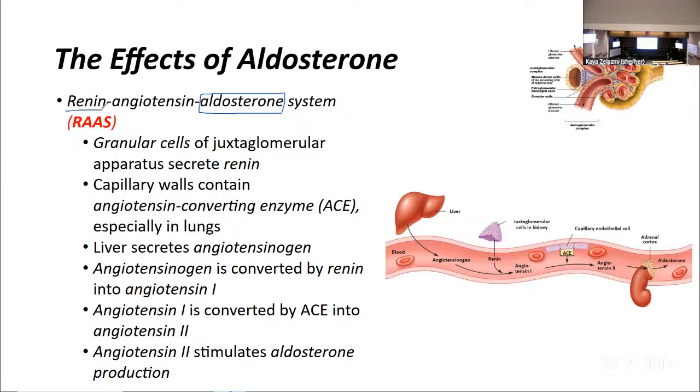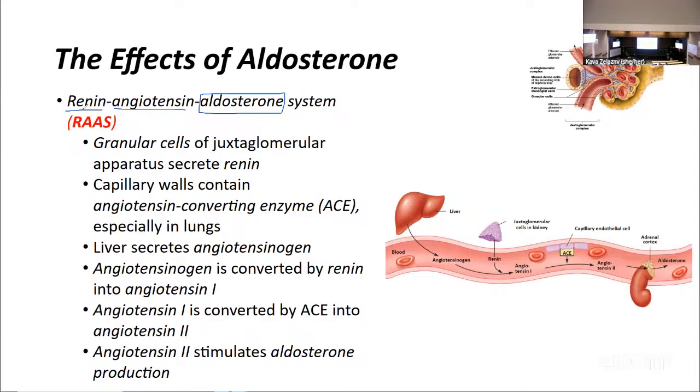We're going to have renin, angiotensin, and then aldosterone. This is referred to as the RAAS, our renin-angiotensin-aldosterone system. These are all coming from different places, some of which are in the kidney, some of which are not. So we're going to think about renin first.